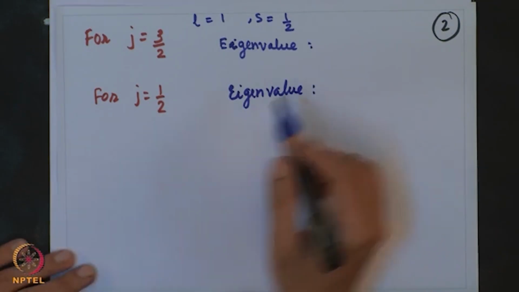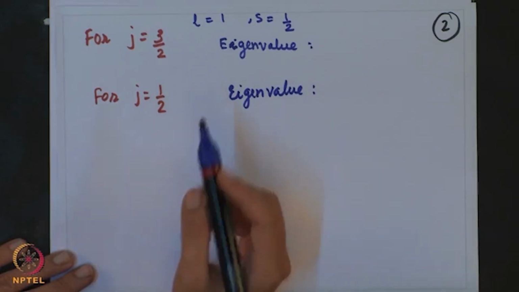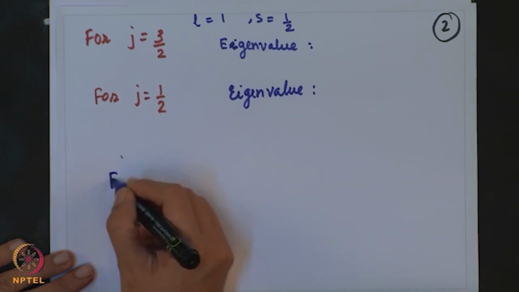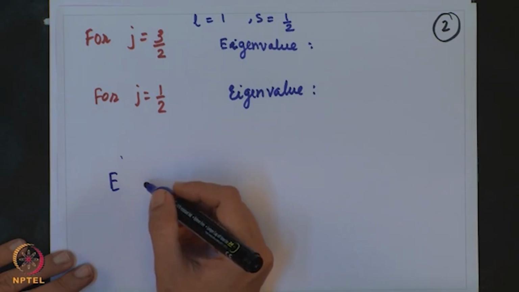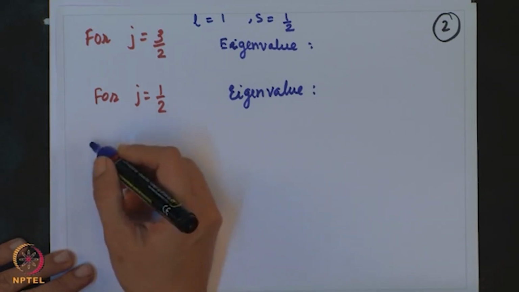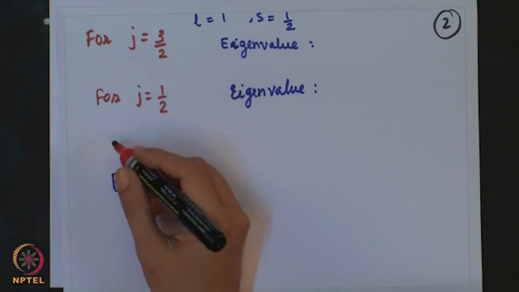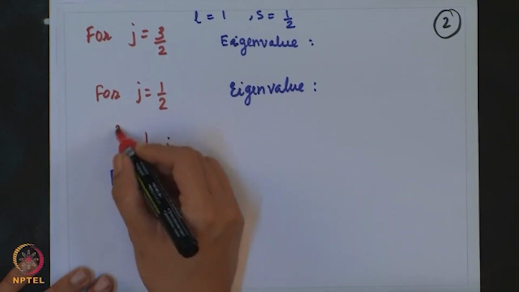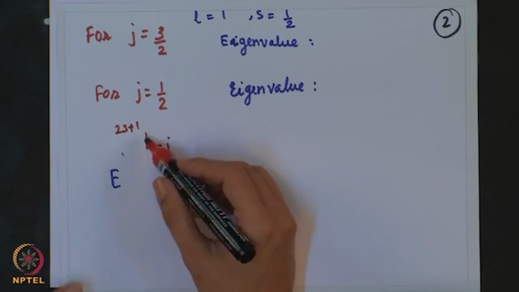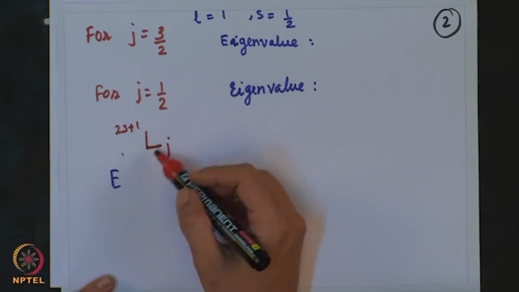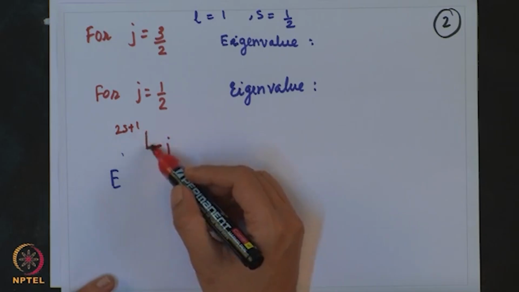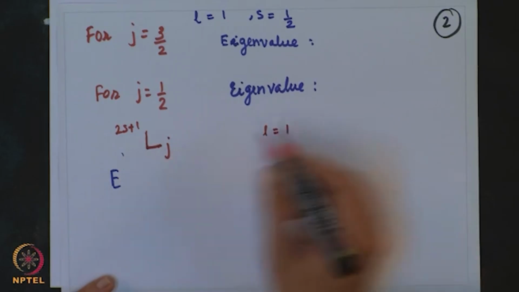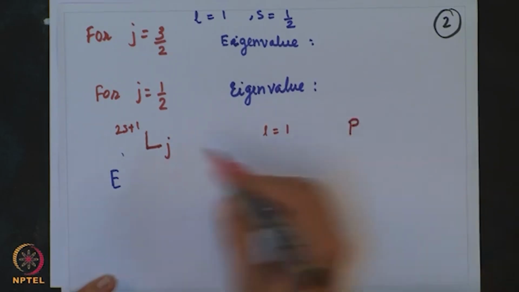Okay. So, the energy corresponding to V(r) L dot S upon h cross square, we have to calculate that for different values of J. Remember, before we go to that, the spectral notation, you all might be aware, is written as 2S plus 1, L, J. L corresponds to the state, whether it is a P wave, S wave, D wave, etc. So, for us L is equal to 1, so it is a P wave, so you will have a P. Okay.